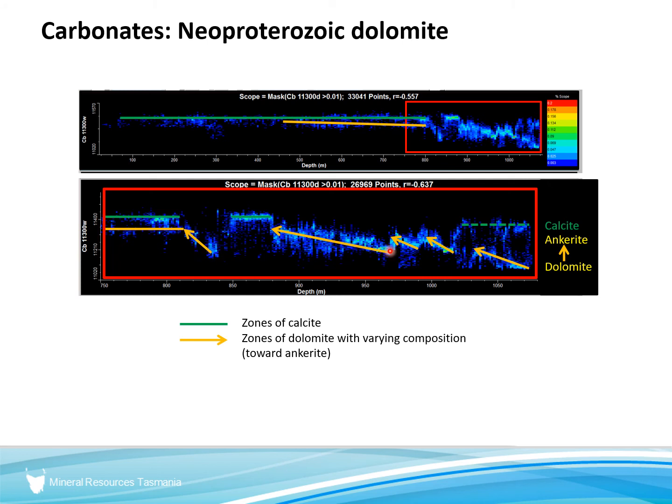So we can see there are zones where we have a transition or a trend from dolomite towards anchorite repeating throughout the sequence. So this is something to do with original mineralogy at deposition or diagenesis later on. So we can map all these things out, the composition of the carbonates.